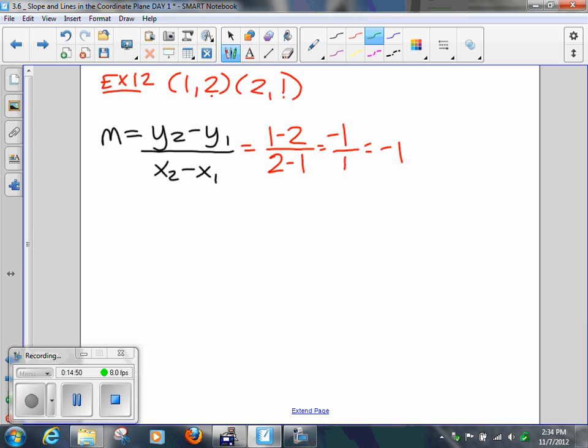This one, it doesn't really matter, does it? I'm going to choose the first one just because. And I'm going to put it into my new y equals mx plus b.